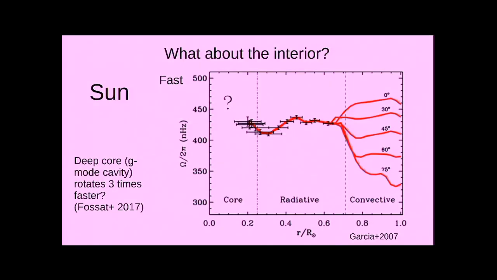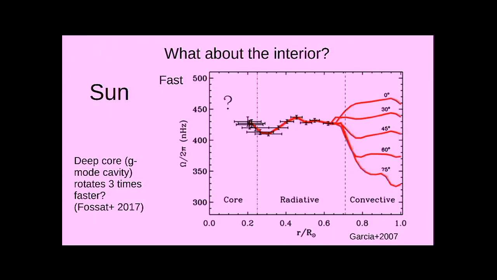The next question you might have is what's happening in the interior of these main sequence stars. And unfortunately, we don't have a lot of good core rotation measurements for stars other than the sun. But for the sun, we see the effects of latitudinal differential rotation in the convective envelope. And then once you get into the radiative region in the sun, it looks more or less like everything's rotating at kind of the same frequency, so more or less acting like a solid body.